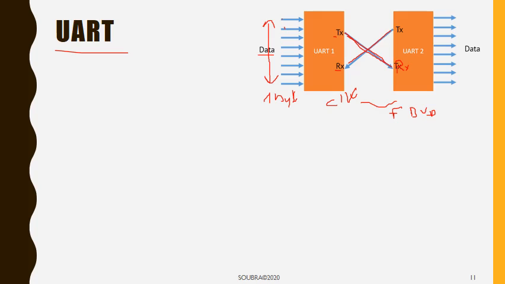Alright, so let's see what it stands for. So we can try and guess the letters. So I'm interested in the A here. RT, they look like the RT here, so we good. The A and the U. So U is for universal, A is for asynchronous, receiver, transmitter.